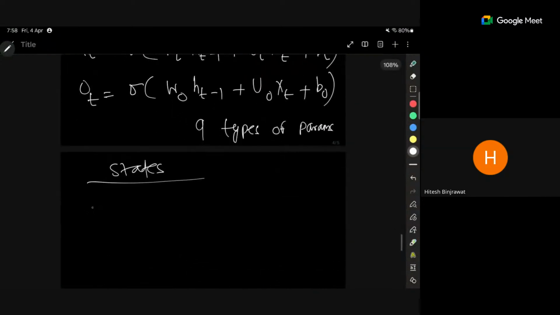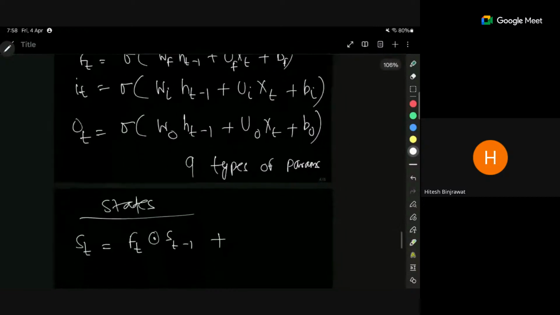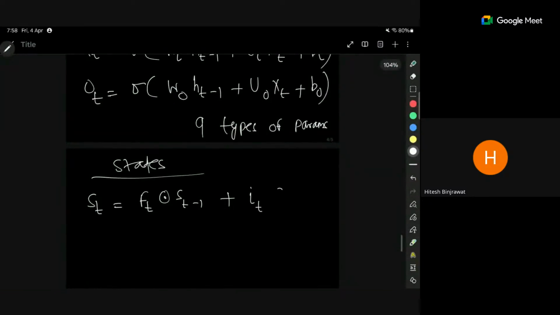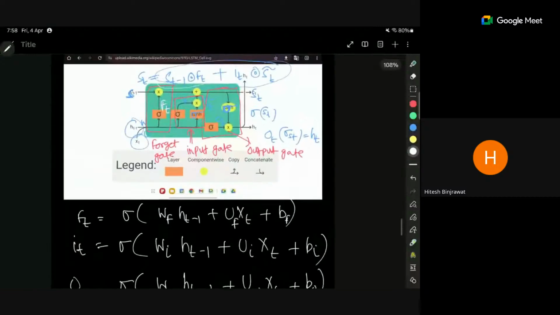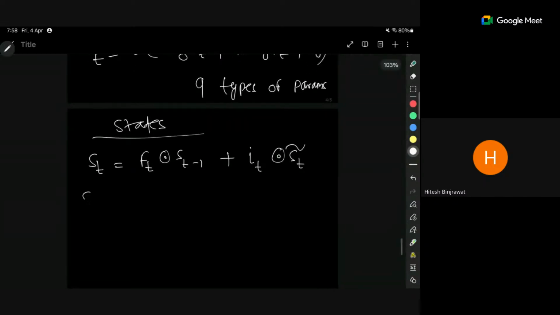So this ST is FT multiplied with ST minus one, plus another part, IT, which I'm multiplying with the ST temporary state. This is what is called the temporary state that you have to produce, and you get it from sigma, using W HT minus one plus U XT plus B.